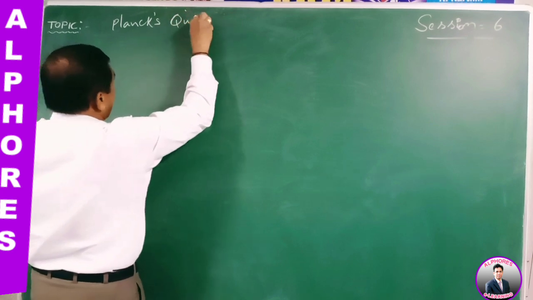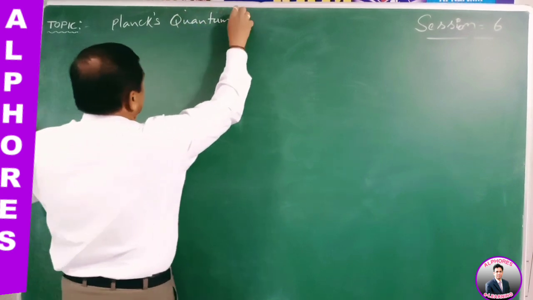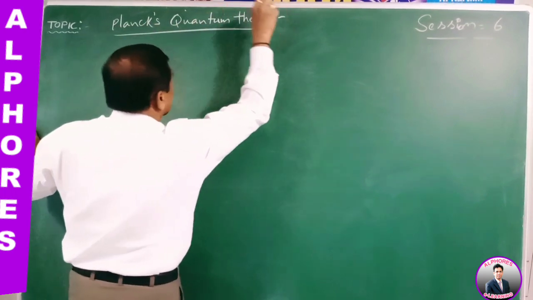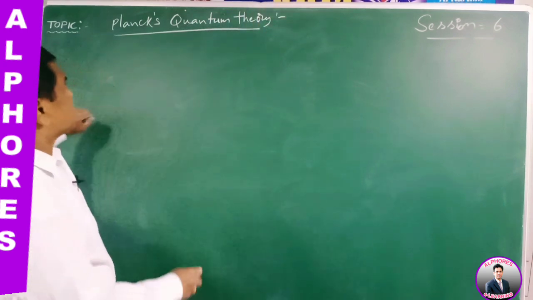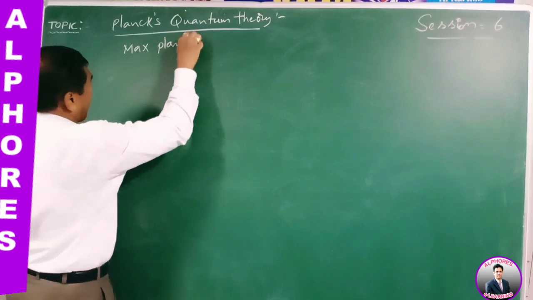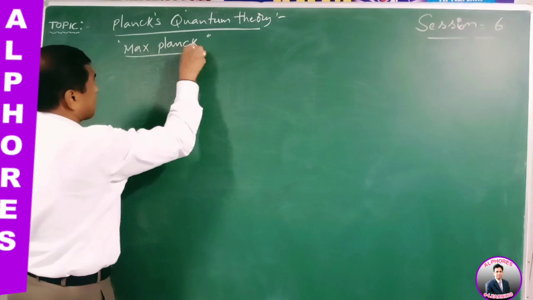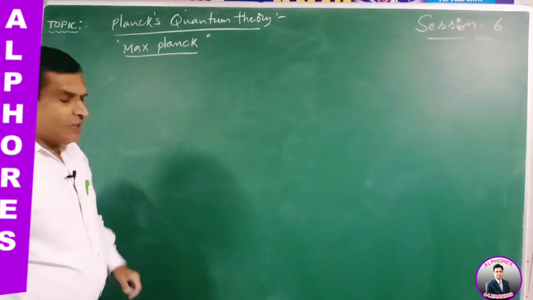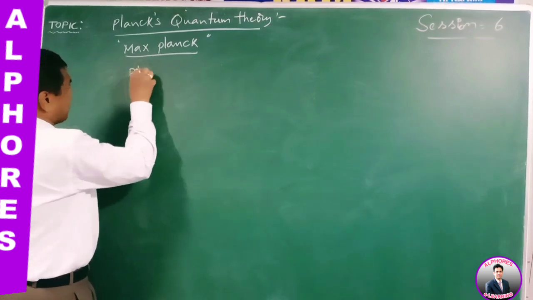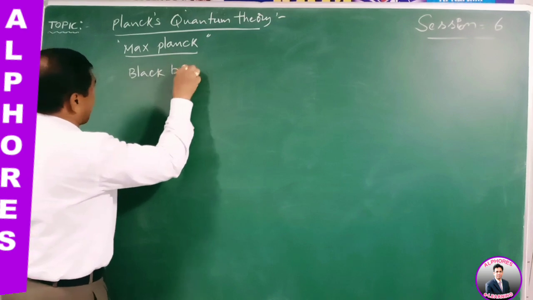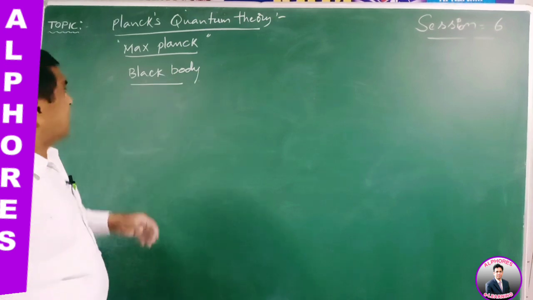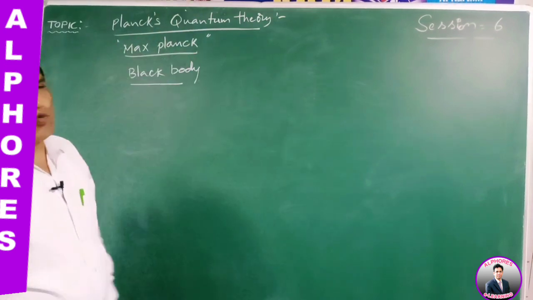Scientist Max Planck explained this Planck's quantum theory to explain the nature and behavior of the black body.